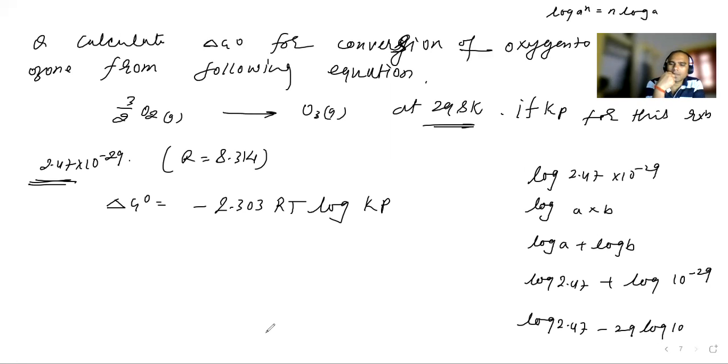And then we have times R, which is 8.31, times T, which is going to be 298. Is the answer coming how much? 163.2 kilojoule per mole.